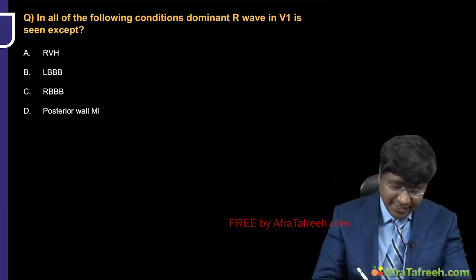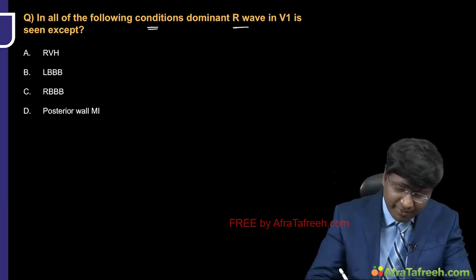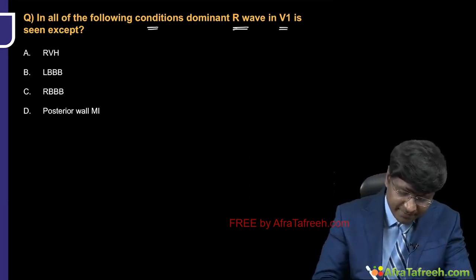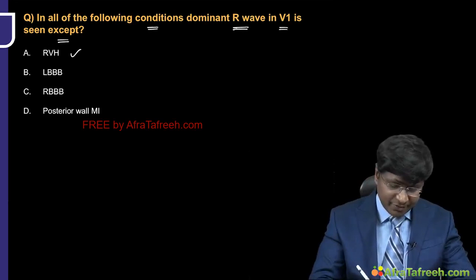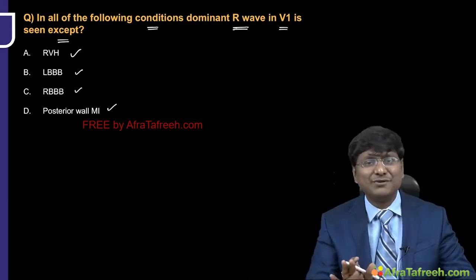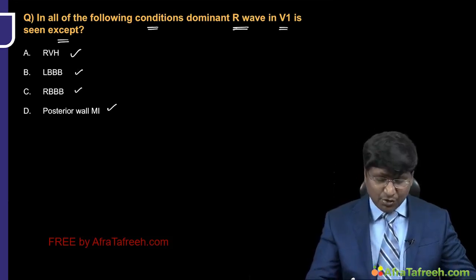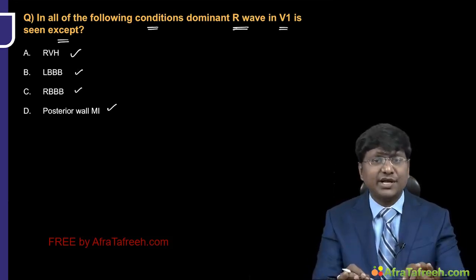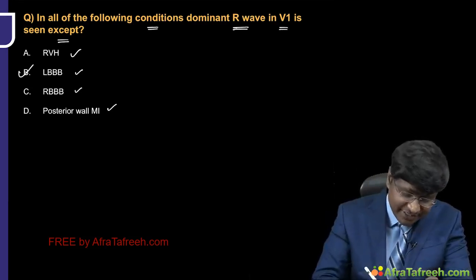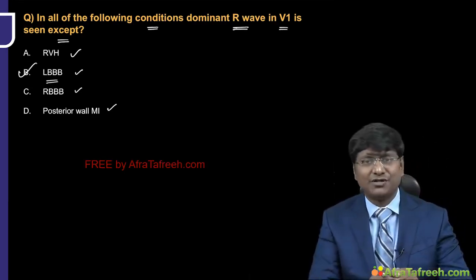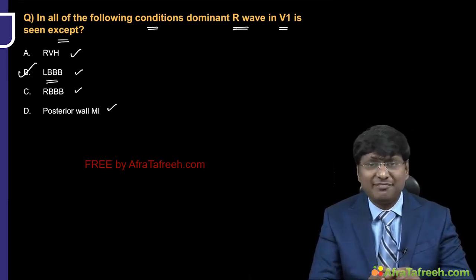In all of the following conditions, dominant R wave in V1 is seen, except: the options are right ventricular hypertrophy, left bundle branch block, right bundle branch block, and then the posterior wall MI. So the clinical scenario in which you will not have a dominant R wave in V1 is in patients with left bundle branch block.